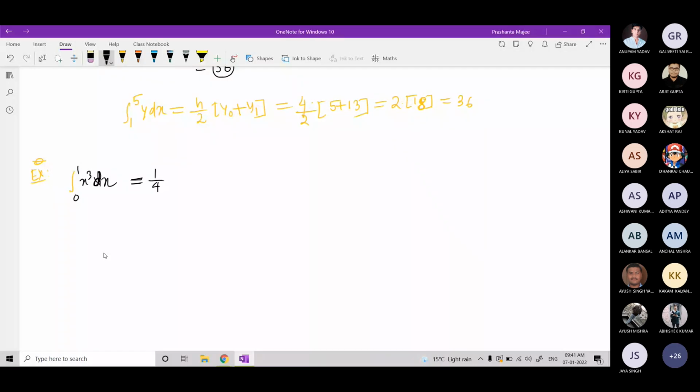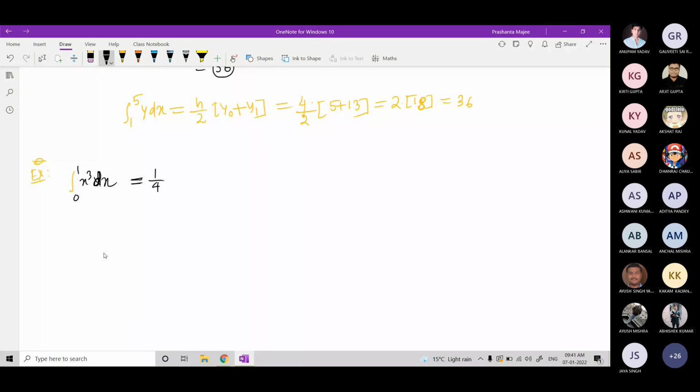Okay, so here we will not be getting exact answer because it is a cubic polynomial, and in trapezoidal we will get exact result up to linear polynomial, constant and linear. So this is 3rd degree polynomial, so we will not get exact answer. Let's see how much approximate answer we are getting. So I am considering 6 data points between 0 and 1.